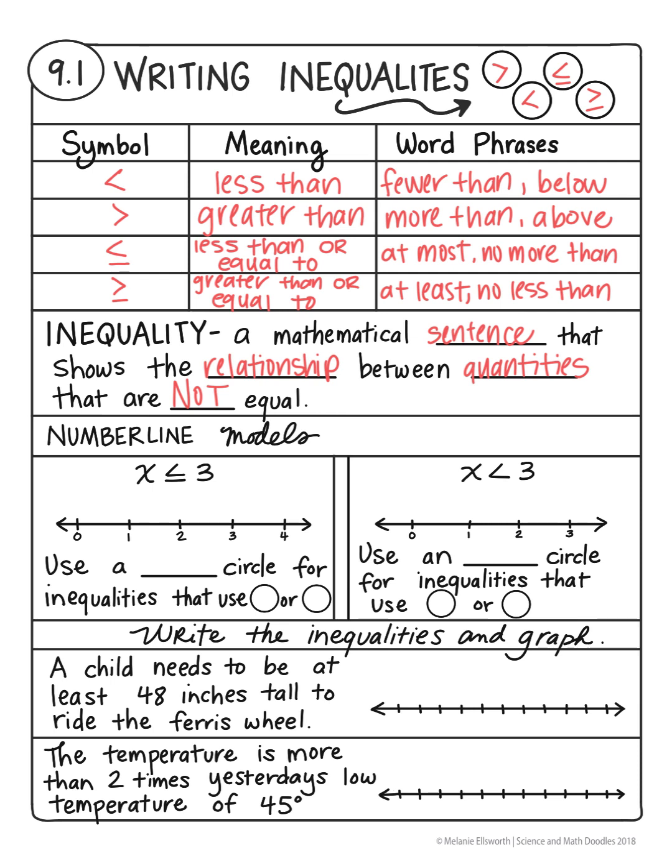So in order to graph an inequality, I want to use a solid or a colored in circle for inequalities that use less than or equal to or greater than or equal to.